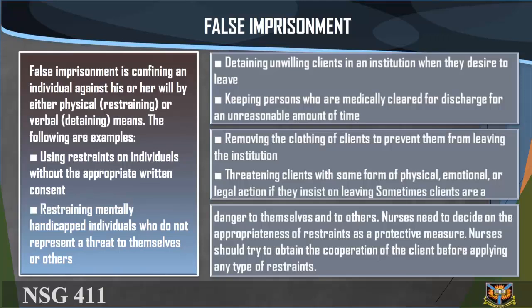The following are examples: using restraints on individuals without the appropriate written consent, restraining mentally handicapped individuals who do not represent a threat to themselves or others, detaining unwilling clients in an institution when they desire to leave, keeping persons who are medically cleared for discharge for an unreasonable amount of time, removing the clothing of clients to prevent them from leaving the institution, threatening clients with some form of physical, emotional, or legal action if they insist on leaving.